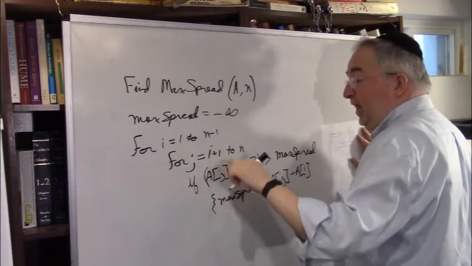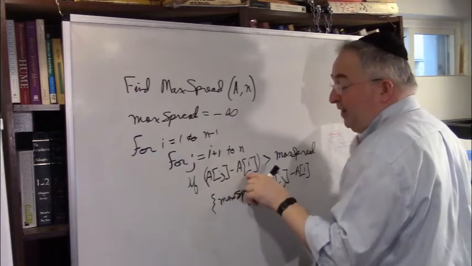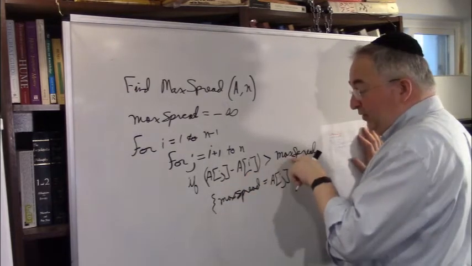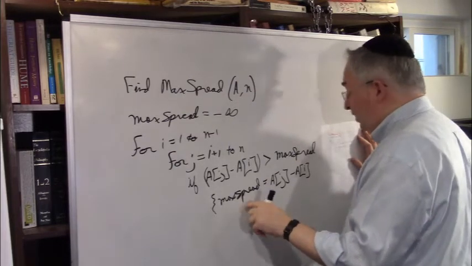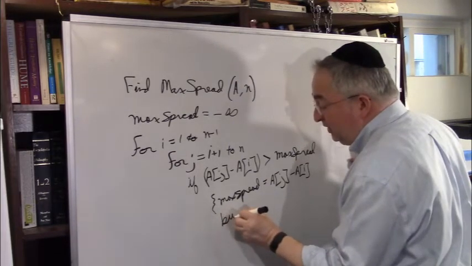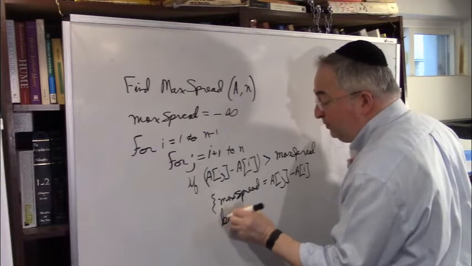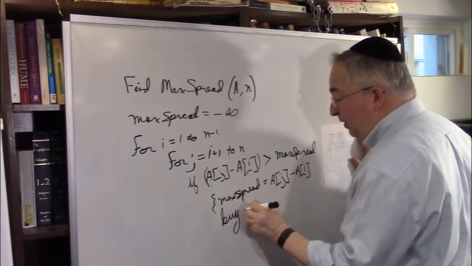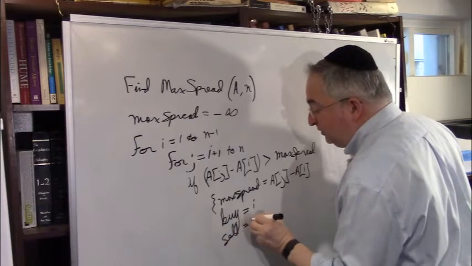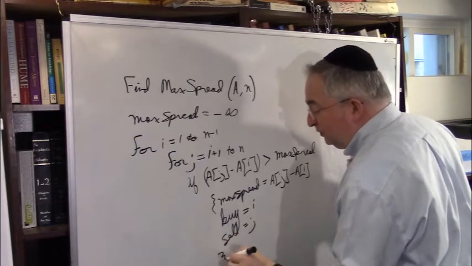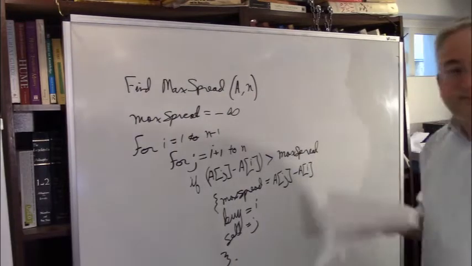In other words, if this selling minus buying is better than the previous max spread, you better make this one your max spread. And then we have to keep the results of what to do, not only how much money you're going to make, but what to do. So buy is equal to i, sell is equal to j. Close bracket. That's it.